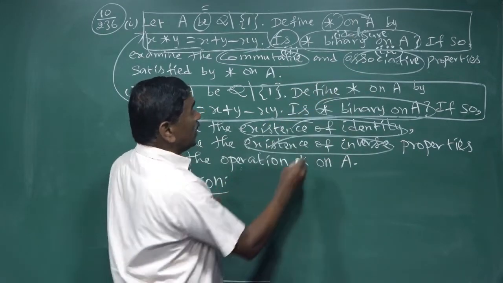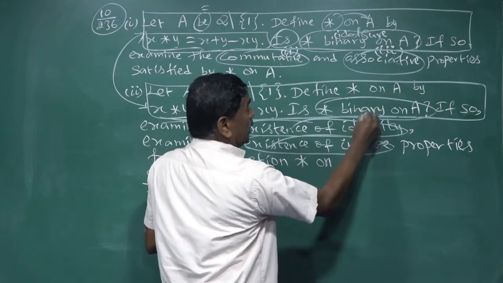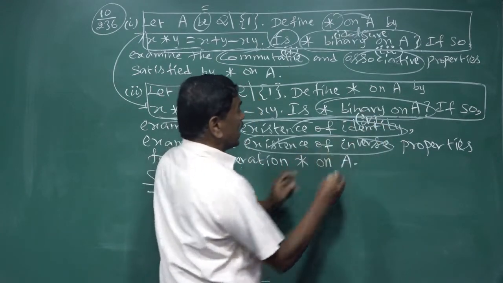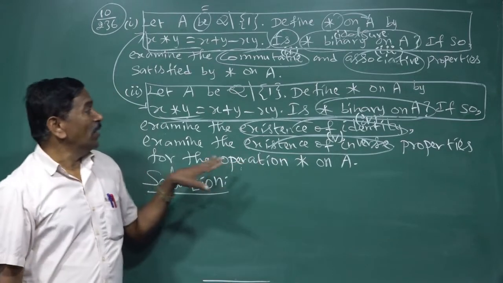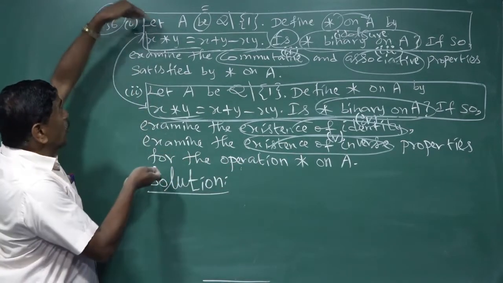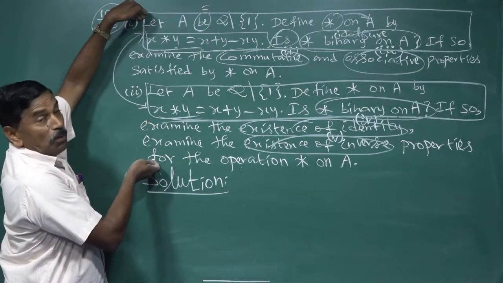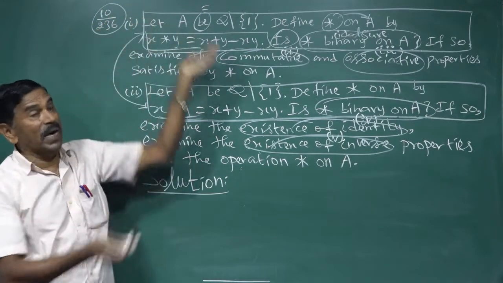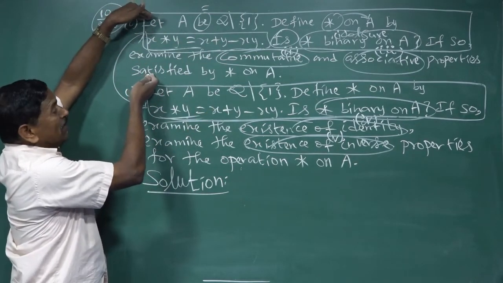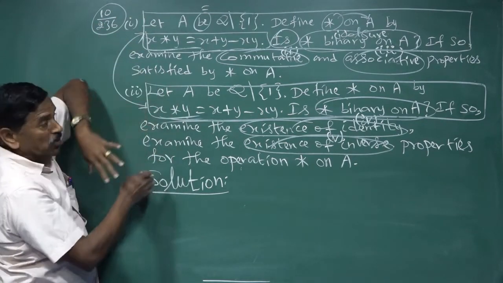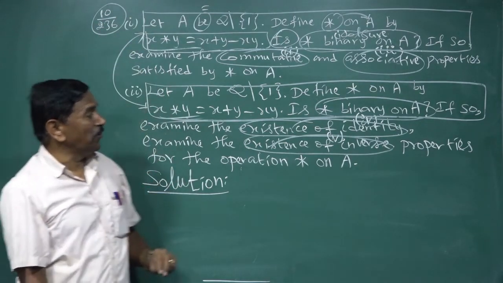Next I want to find the identity axiom as the fourth one and the inverse axiom as the fifth one. So I want to verify 5 properties. From the examination point of view, all 5 topics together can be asked in a 5 mark question. Or the first part alone can be a 3 mark question and the second part alone a 3 mark question. So that is the examination point of view.